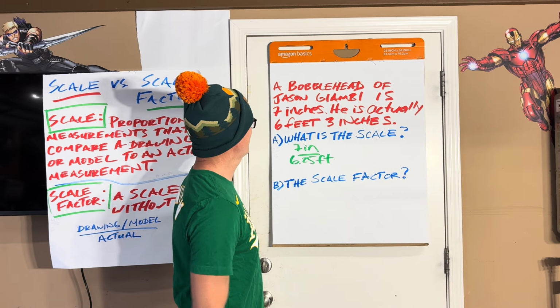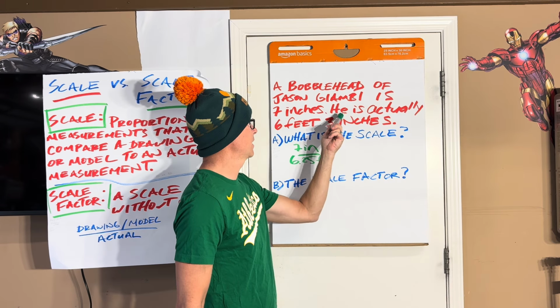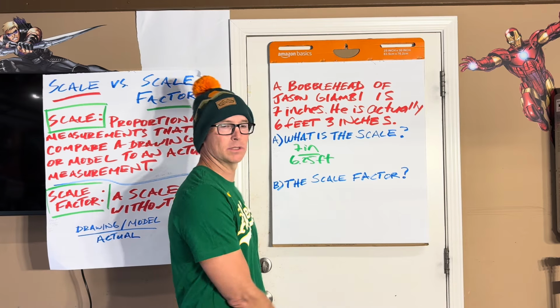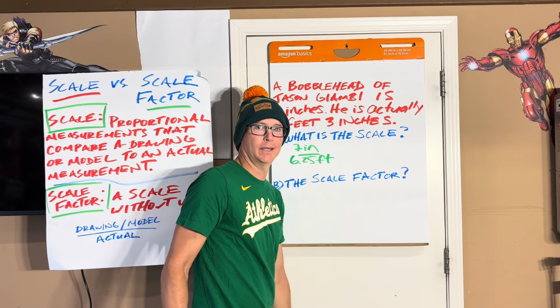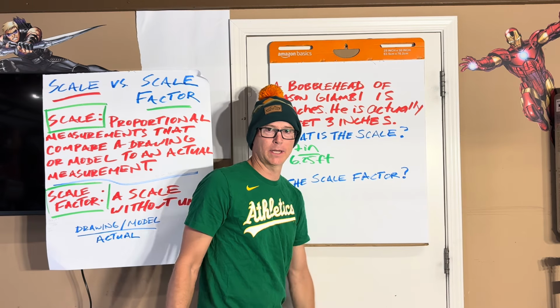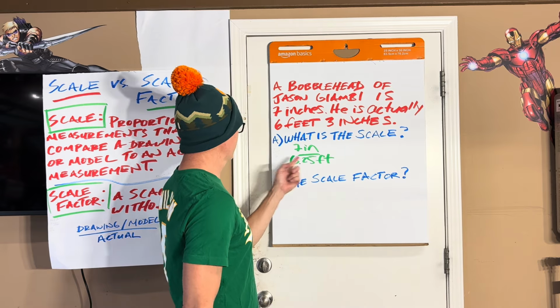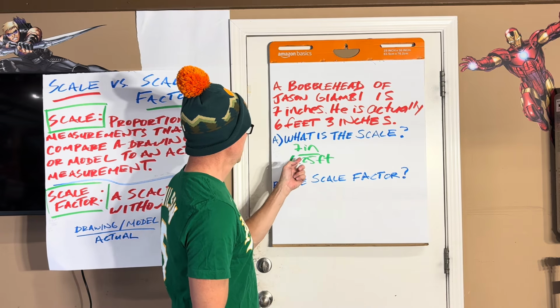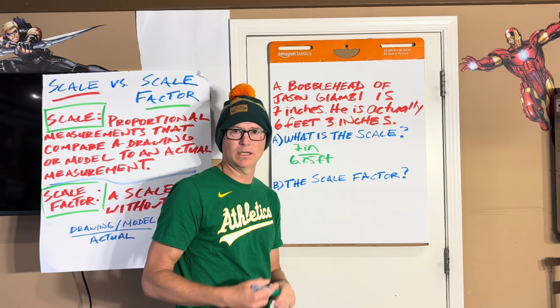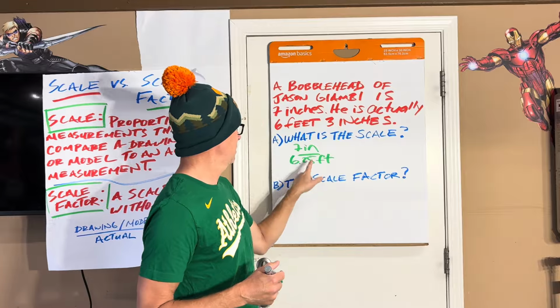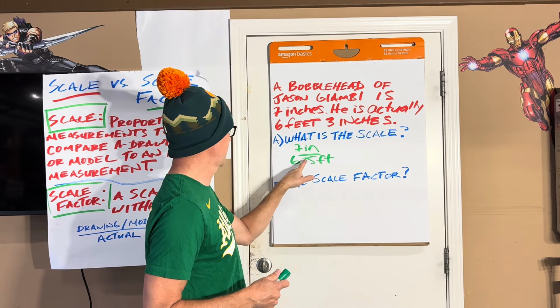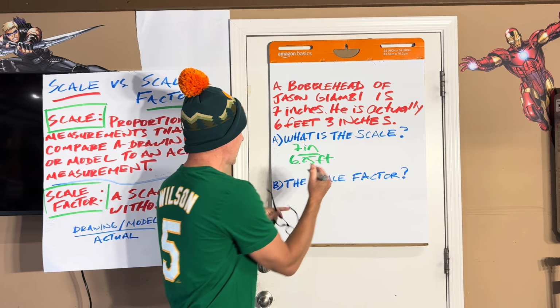I probably should have spent more time finding a different person to make these numbers not as stupid, but I already wrote the problem and I didn't want to redo it. So that right there is the scale, but we can reduce it, okay? You just divide this by 6.25, divide this by 6.25.